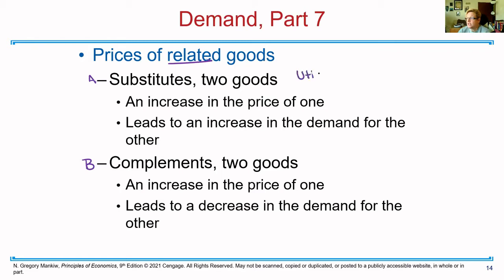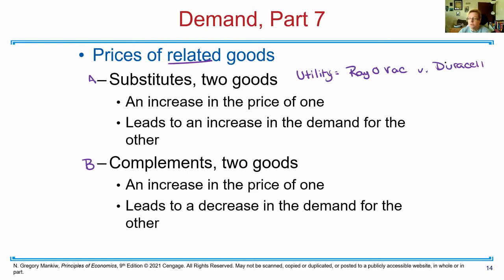So what is the utility? It's the want satisfying power of a good or service. So I just gave you an example of Rayovac versus Duracell. These to me personally are substitutes. They're both batteries. So if I put in Rayovac batteries versus Duracell, it doesn't matter to me as long as the channel changes, right?